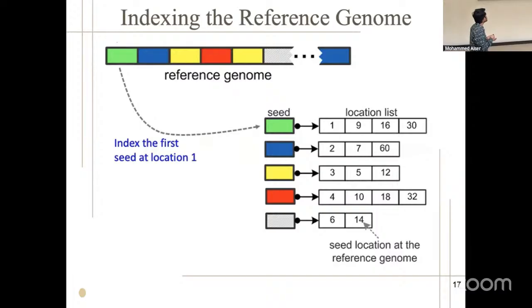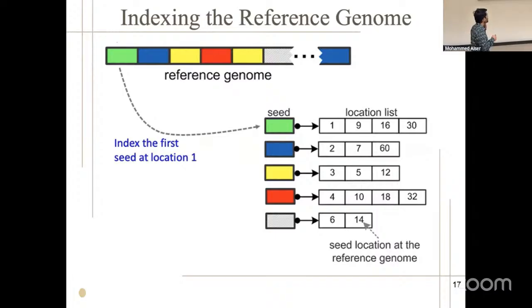So we go through the full reference genome once and check the positions of those small strings. Let's say the first 10 characters are shown as the green box.